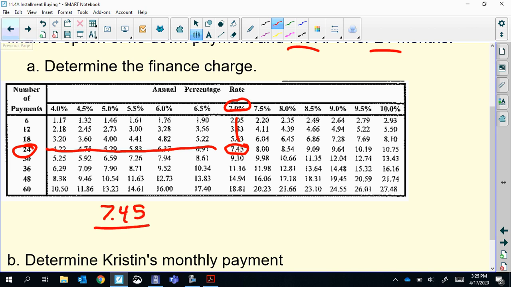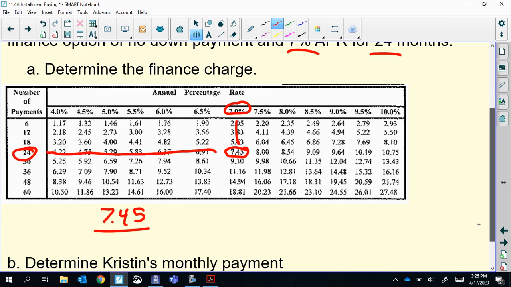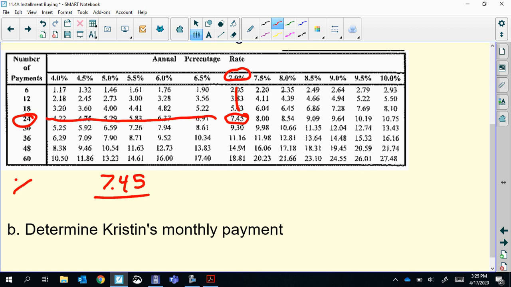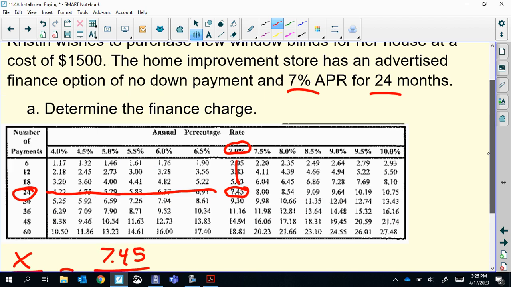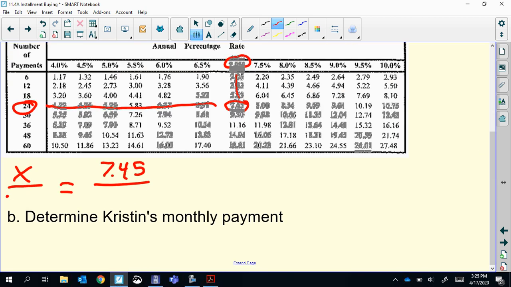So from our equation on that previous slide, table value over 100 equals the finance charge over the total borrowed. So finance charge is what we're solving. Over the total borrowed is the $1,500, because there's no down payment, nothing like that. Then we do the table value over 100.